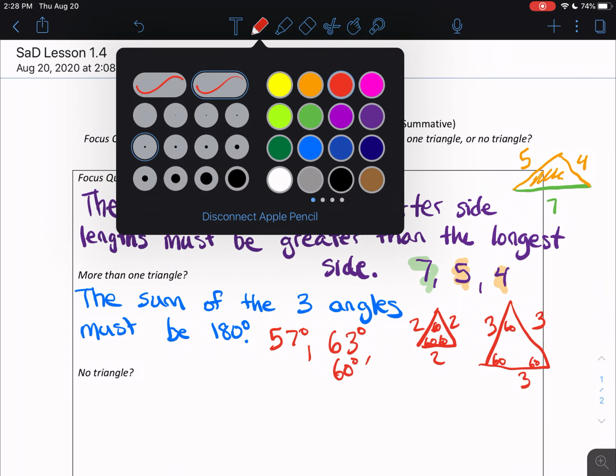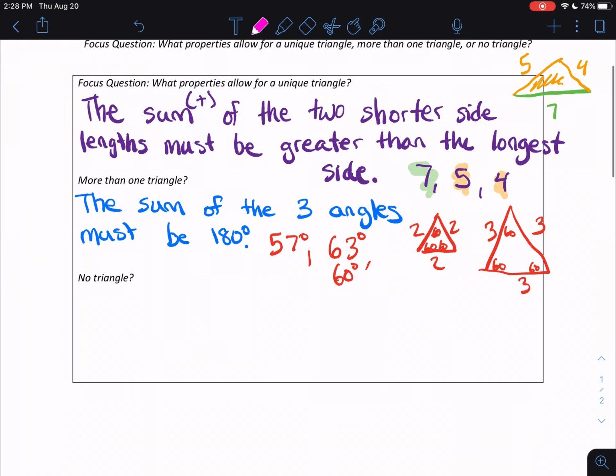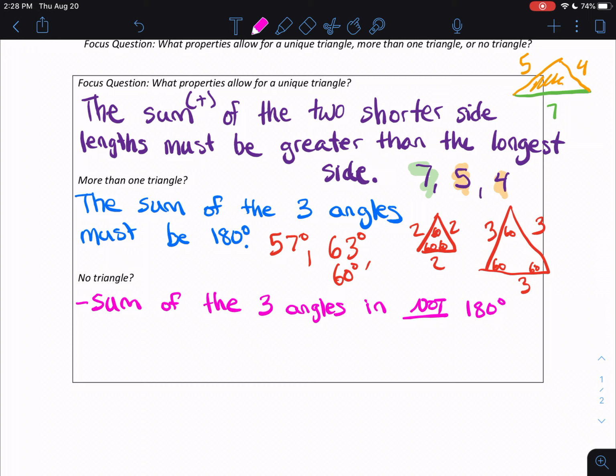All right, and finally, let's do pink. What information given would give no triangle? Just going off of the blue, one way to not make a triangle is that the sum of the three angles is not 180 degrees.